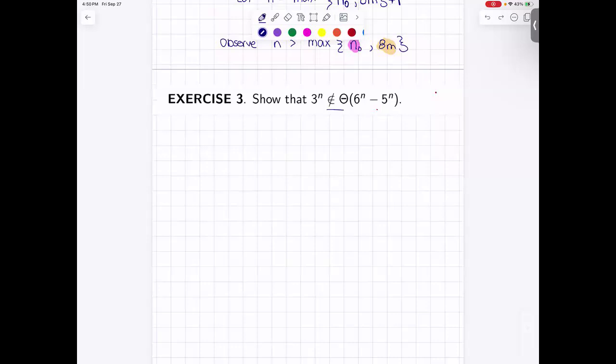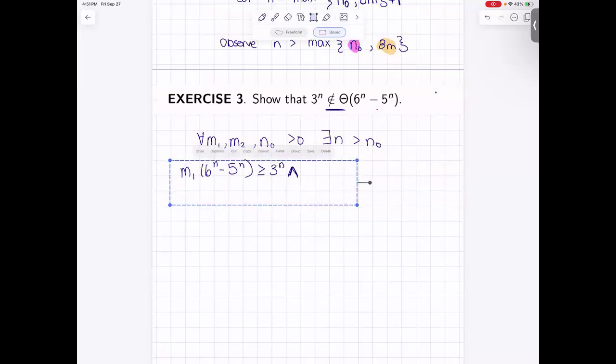A reminder that not in theta means that we're saying for all m1 and m2 and n naught greater than 0, there will exist an n greater than n naught where m1 times 6 to the n minus 5 to the n will be greater than or equal to 3 to the n, and... nope, not and, or.